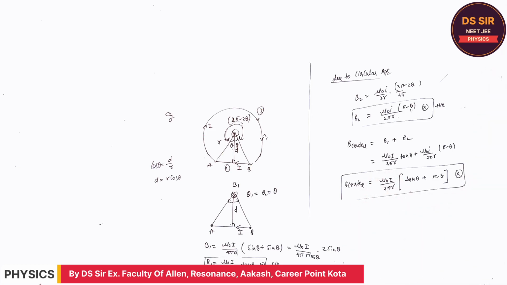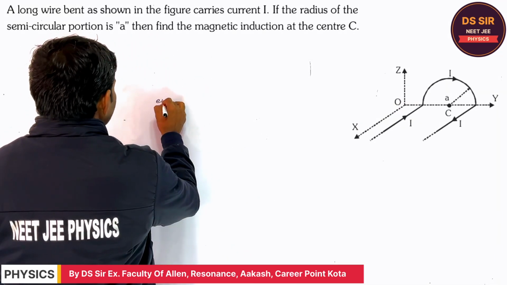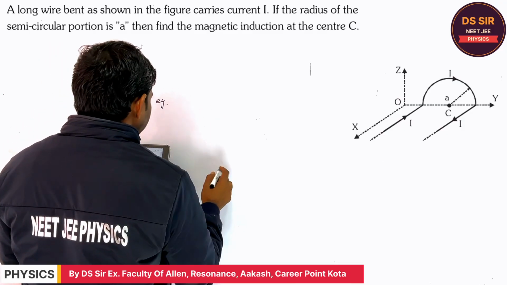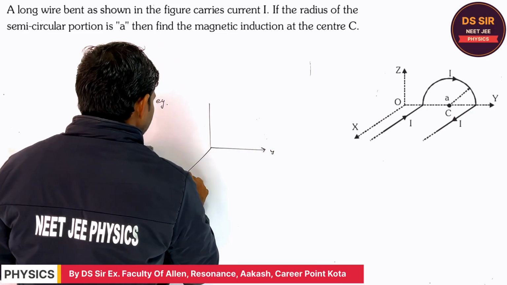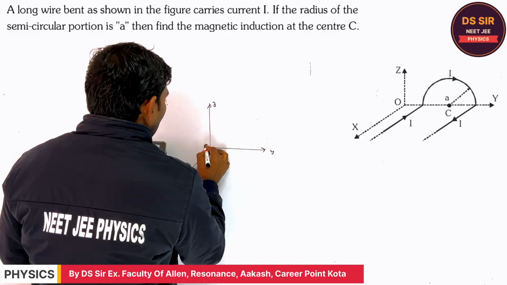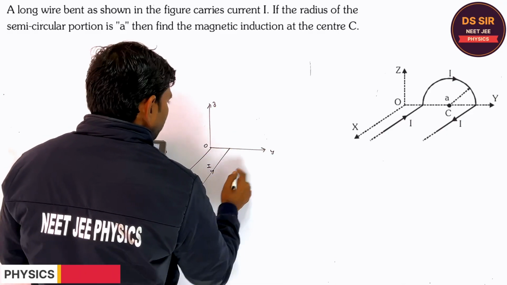Copy this. So read this question. In this question, a long wire is bent as shown in the figure and carries current I. Suppose this is Y, this is X and this is Z. This is O, and the current I is flowing in this way.